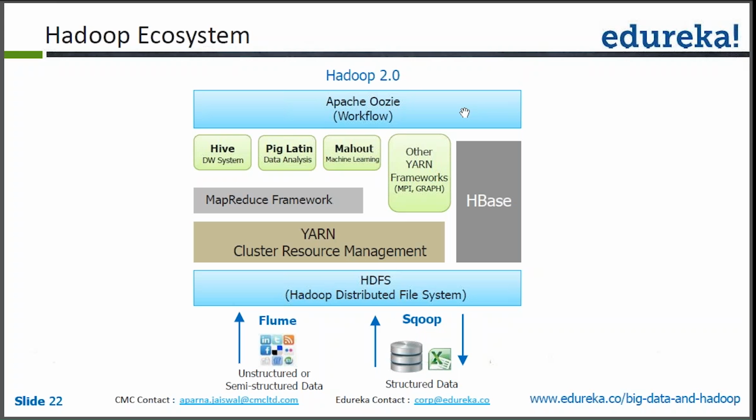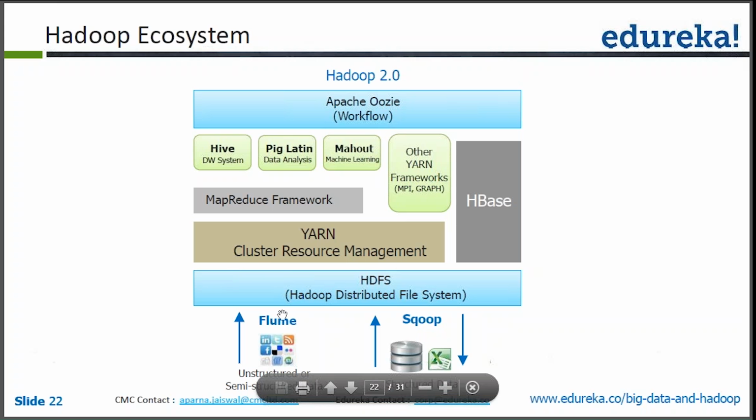And HBase, as I said, is a NoSQL database offering where you can store a huge amount of data in a distributed environment. NoSQL is a totally different technology by itself. We are going to store the data in a distributed environment and get the problem resolved. And to bring in the data, we use two different components called Flume and Sqoop.